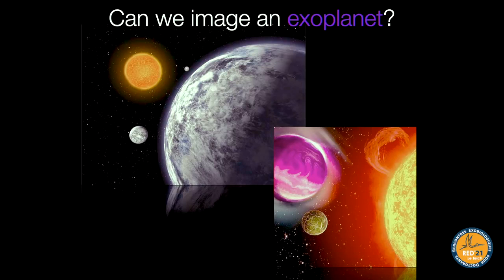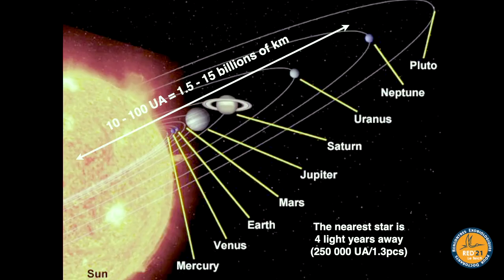Because we see a lot of these illustrations on the web, and these are artist illustrations of these exoplanets, but really the question remains, would we be able to do such images of exoplanets? So let's try to see if we can do that.